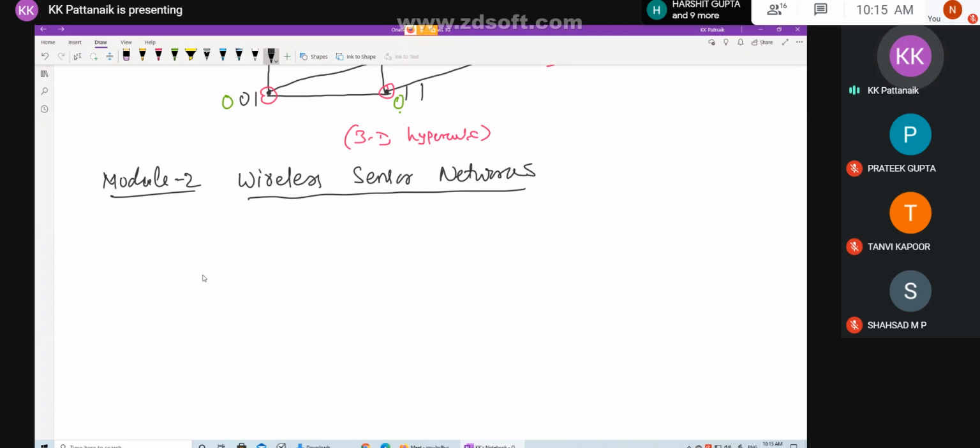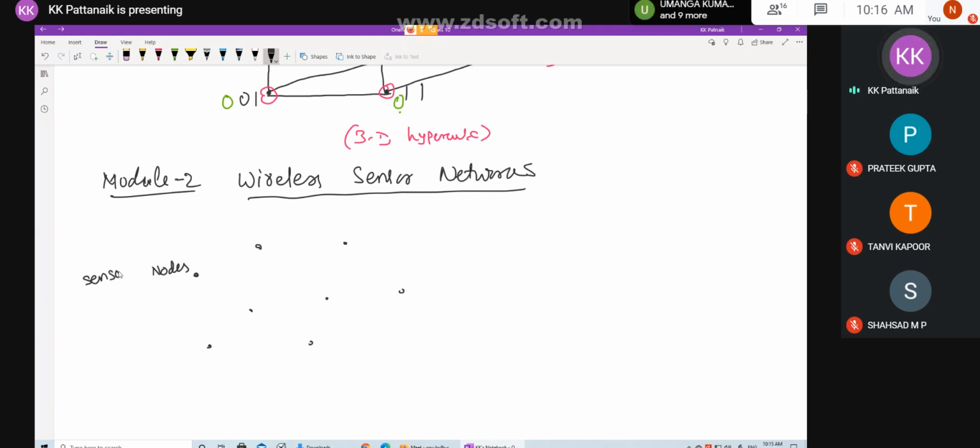So basically they are nodes in general. What kind of nodes are there? They are sensor nodes.